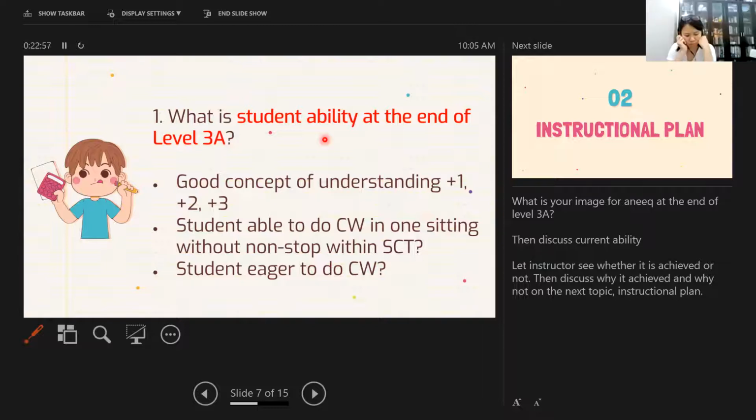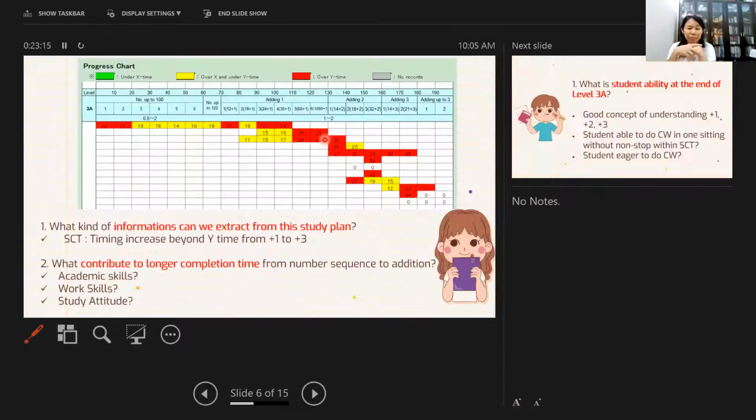Okay. So now at the moment, you are not sure what the kid's ability is. And based on the assumption that we discussed just now, it could be because of not mastering the concept itself, +2 +3. Maybe. That's why it leads to longer completion time here, right?